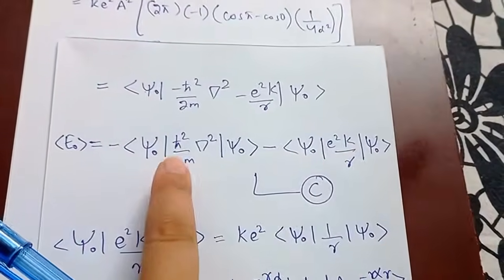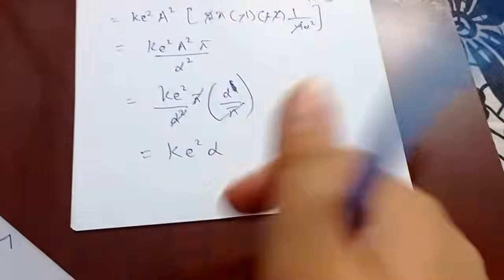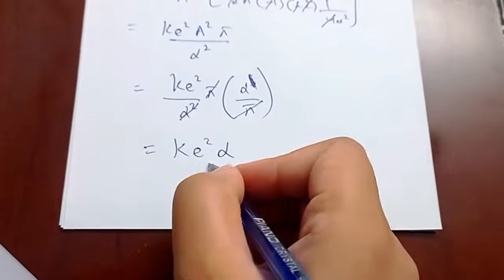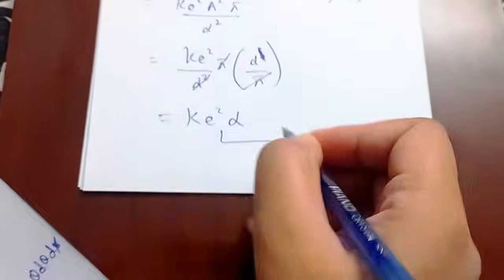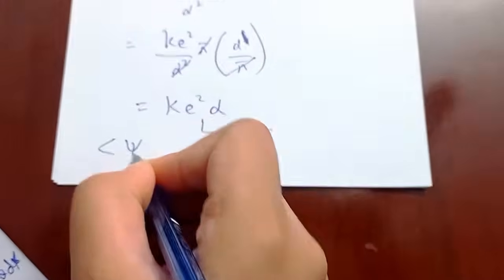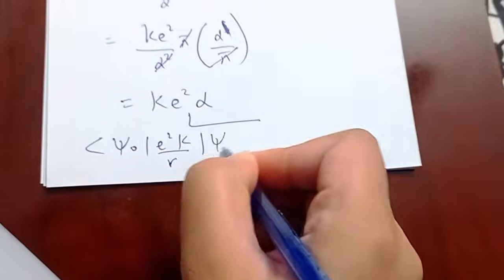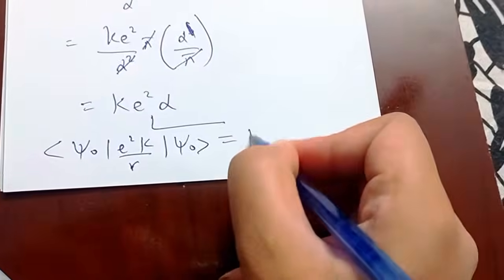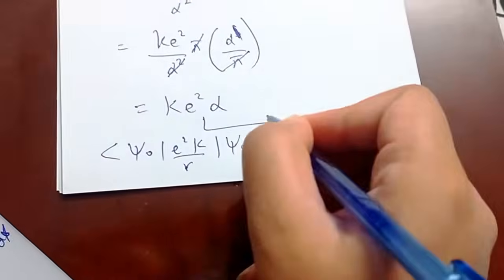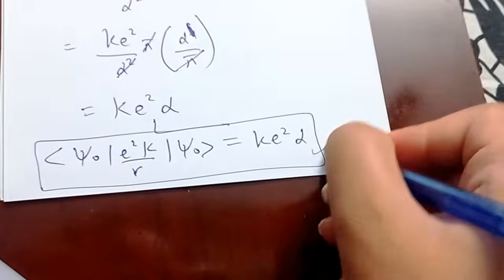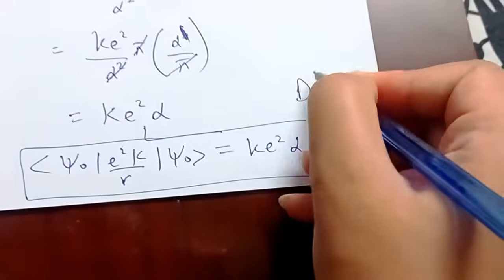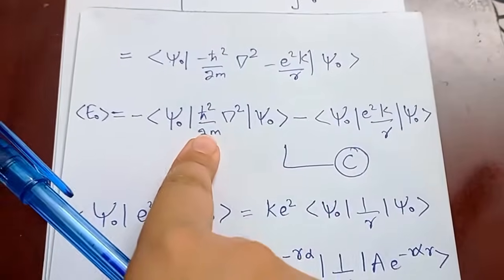Now let's do this part, and I'm going to call this thing, it's actually that, equal to k e square alpha. Okay, I'm going to call it d. Now let's calculate this one.